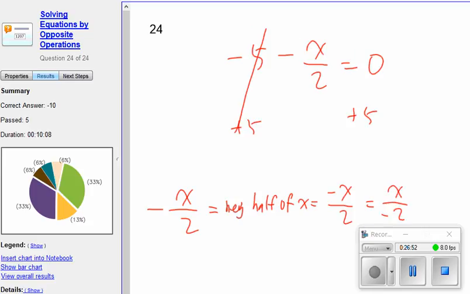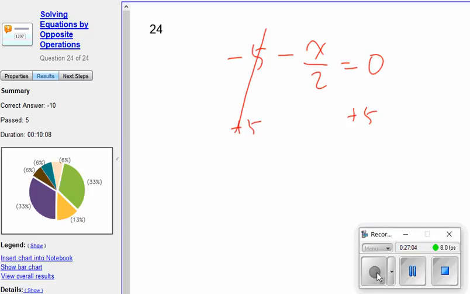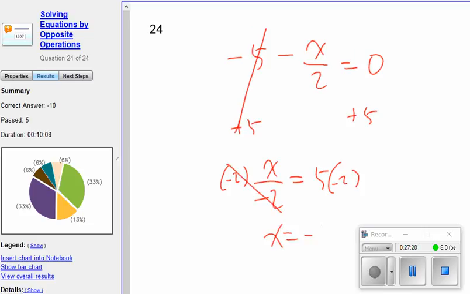And when this is left over, what you have to acknowledge is that when I rewrite underneath here, I am going to use this to rewrite it. So this is going to become a negative half of x is equal to 5. And then I'm going to multiply both sides by negative 2. Multiply both sides by negative 2. And x will equal negative 10.